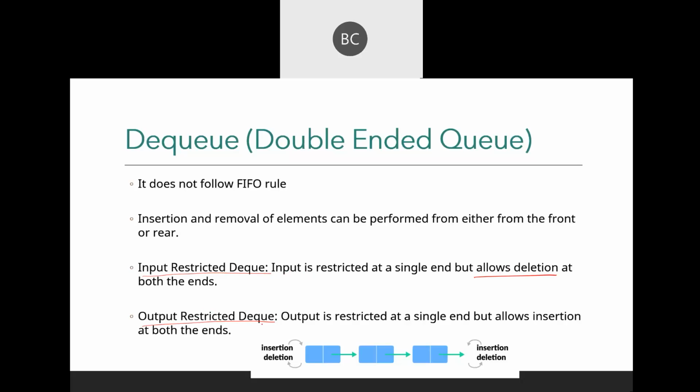And the output restricted dequeue is just the opposite. That means output is restricted. You can delete items from the front only, but you can perform insertion at both ends.